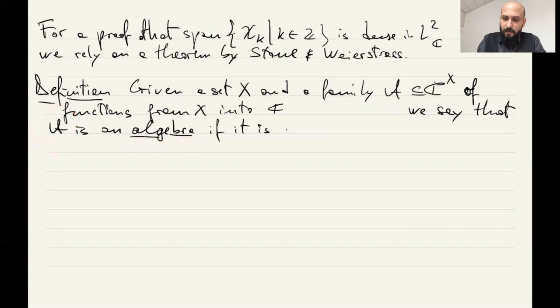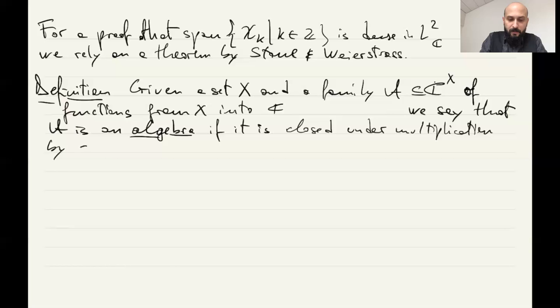So if it is closed under multiplication by scalar, under sum, and under product.